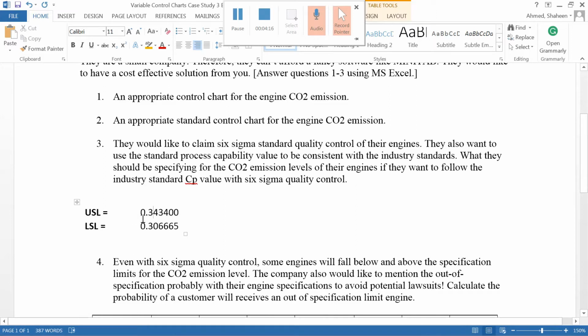So if you buy this engine, you're going to get a maximum emission level of 0.3434 parts per million, and the minimum emission would be 0.306665.